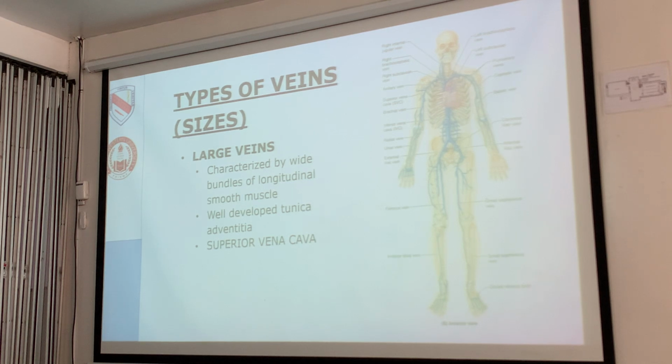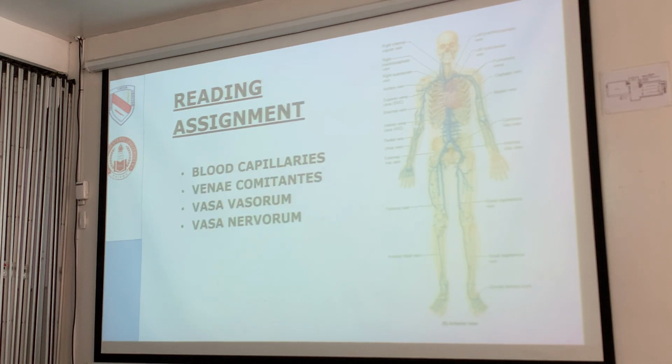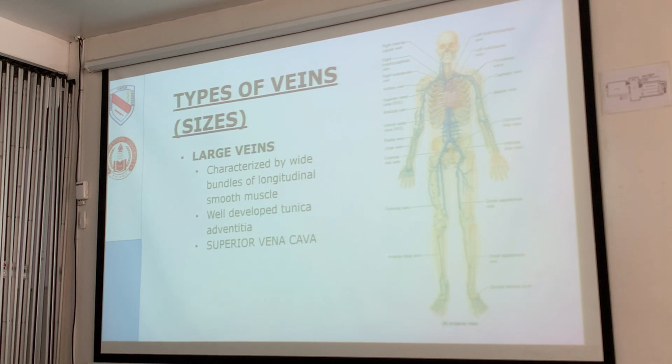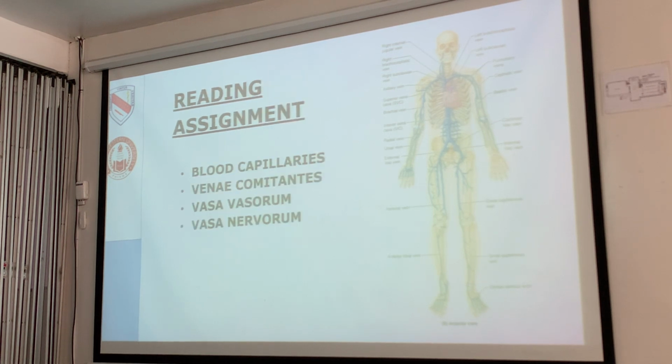Okay? So the large veins that are connected to the right atrium would be your superior vena cava and of course your inferior vena cava. Okay? You can see that in your laboratory when we discuss the topic of the heart for the cardiovascular system. So reading assignment, these blood capillaries, vasa vasorum, and vasa nervorum.